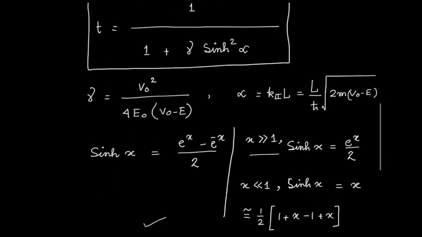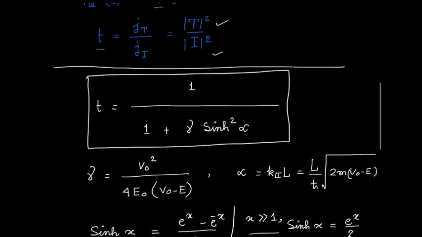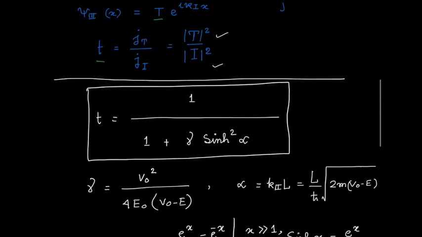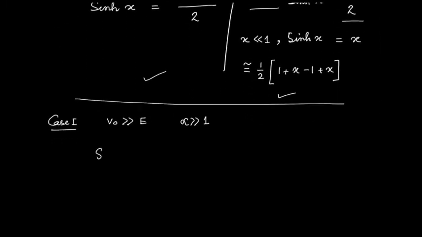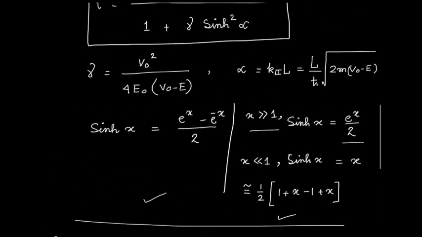So then I will just get e to the x by 2 as sine hyperbolic x. So sine hyperbolic square alpha will become 1 by 4 e to the 2 alpha, just because of the square. And V0 is much greater than E.